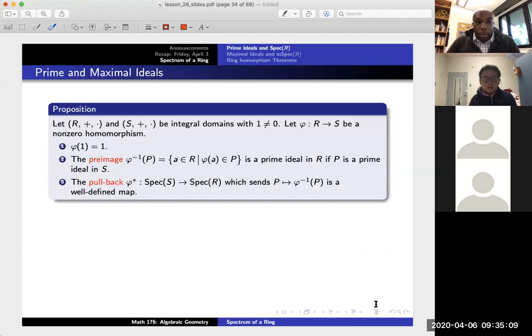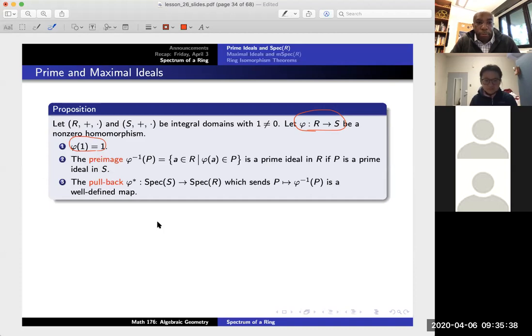Now I want to figure out, if I have two different rings, how are their prime ideals related? So say that we have two different integral domains, R and S, and let's focus on a non-zero ring homomorphism that we'll call phi. Because this is a non-zero homomorphism, one of the first properties we see is that the number 1 has to map to the number 1. We have no choice.